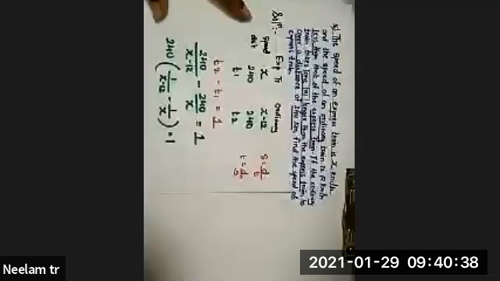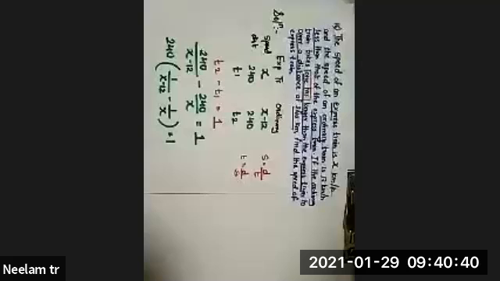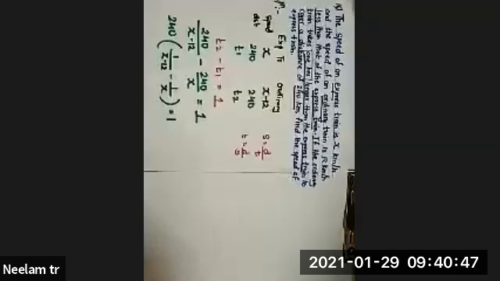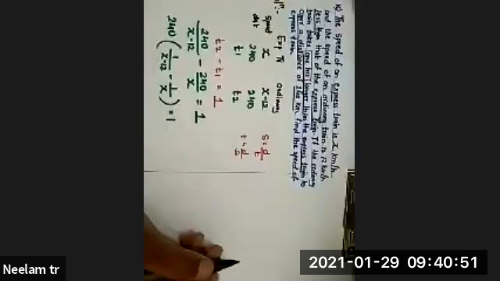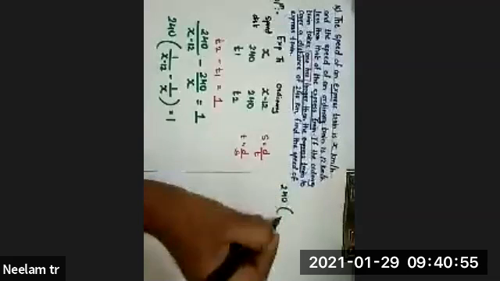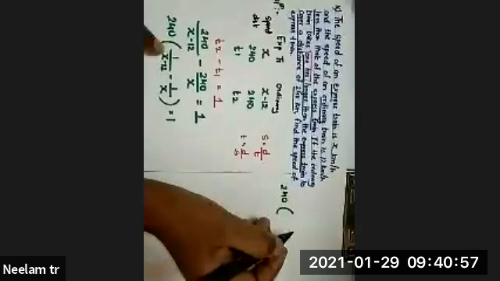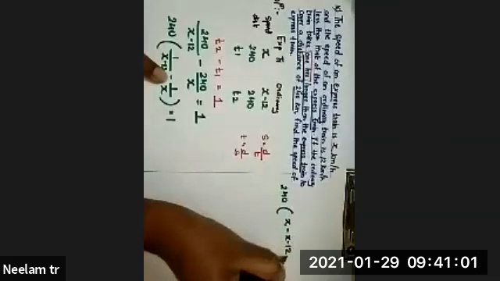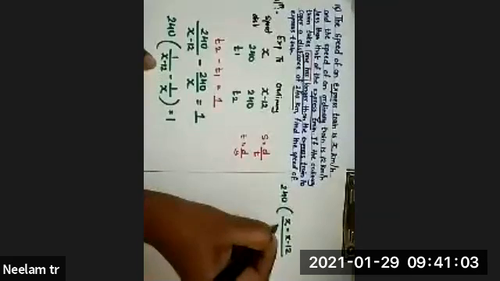Now everything is same. Cross multiplying, making it into a quadratic equation, and you will get your speed. Okay? Let's cross multiply it. 240 multiplied into x minus 12 gets multiplied by x minus 12.